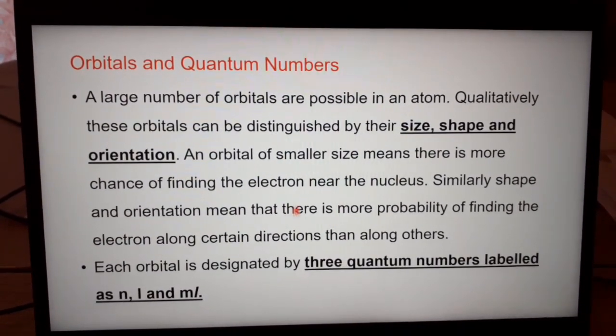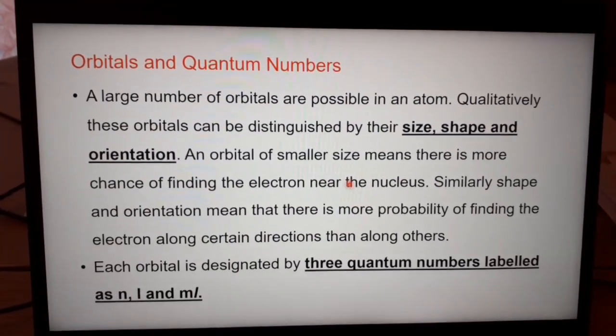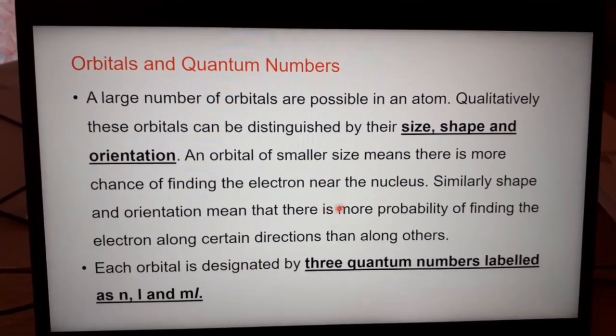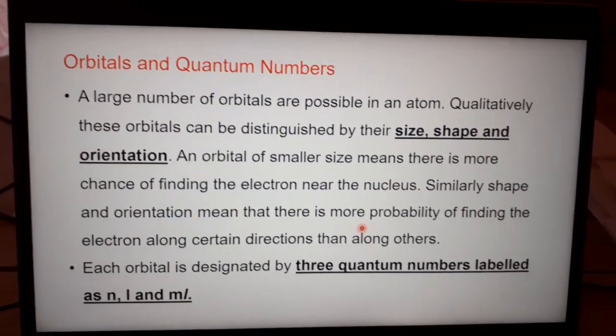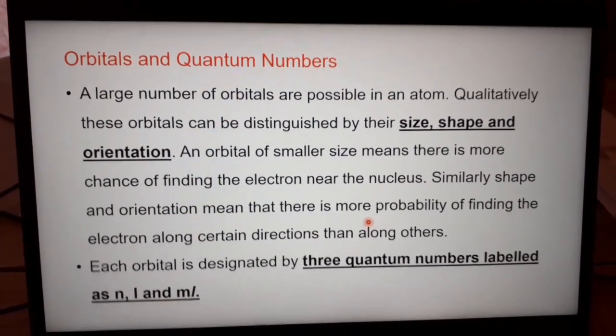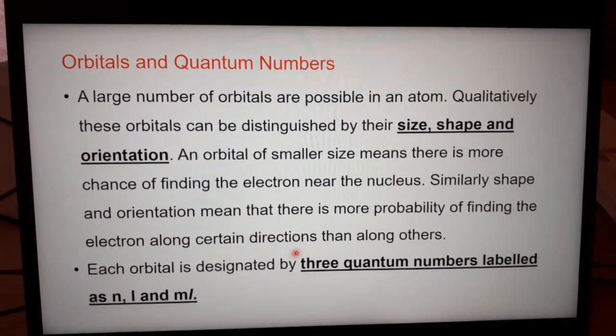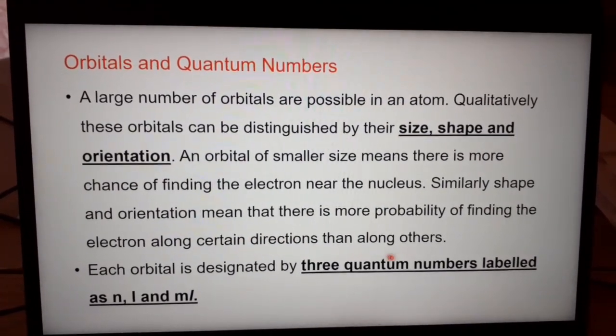Near the nucleus, the probability of finding the electron is very high. Similarly, shape and orientation mean there is more probability of finding the electron along a certain direction than others.